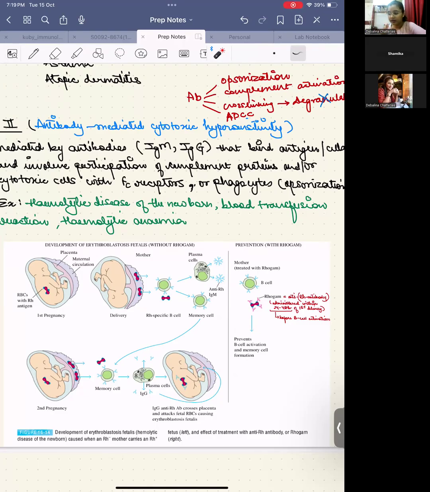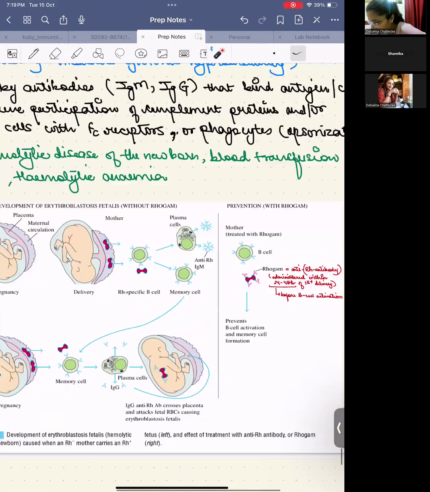It is going to harm the blood cells of the fetus, and eventually the pregnancy could get aborted because of this. So this is known as erythroblastosis fetalis. Erythroblastosis means that the blood cells of your fetus are getting damaged because of these memory cells producing the anti-Rh antibody, which can reach the fetus.